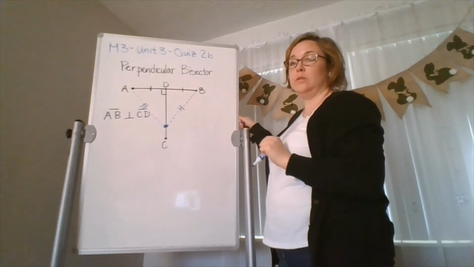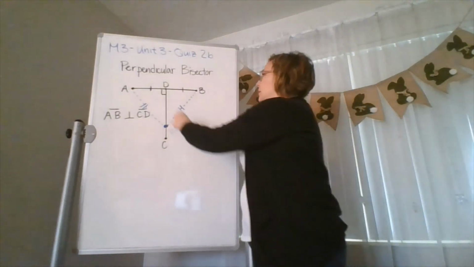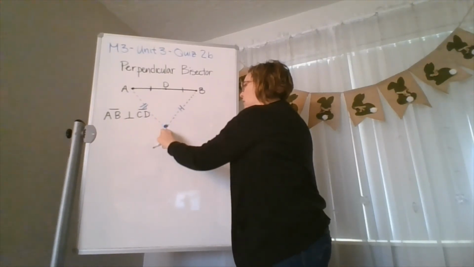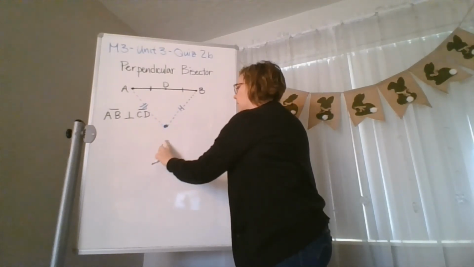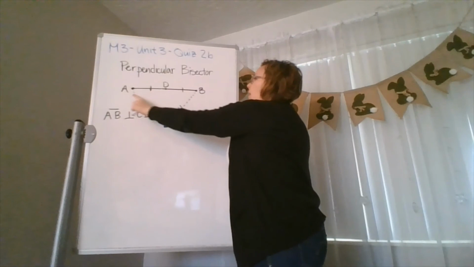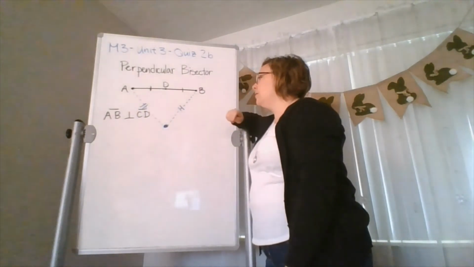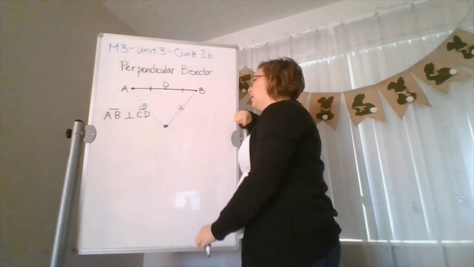Also good to note is that if you are given a point that is equal distance from two endpoints of a line segment, that would mean that it would have to be on the perpendicular bisector.